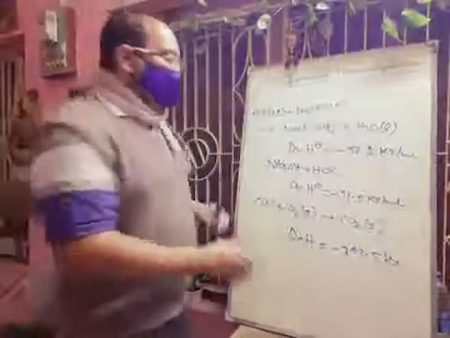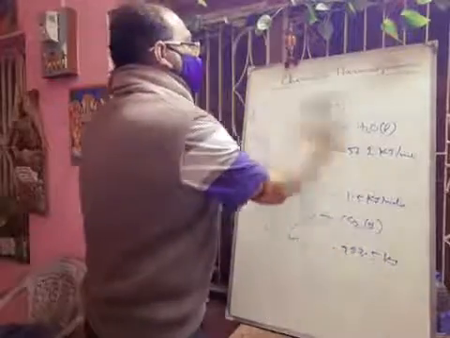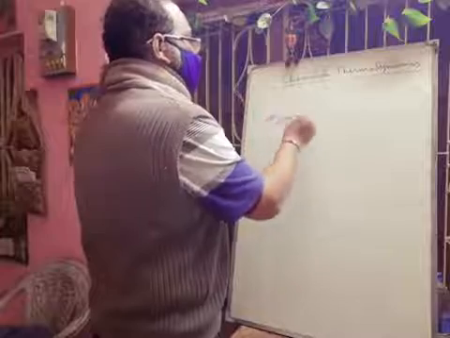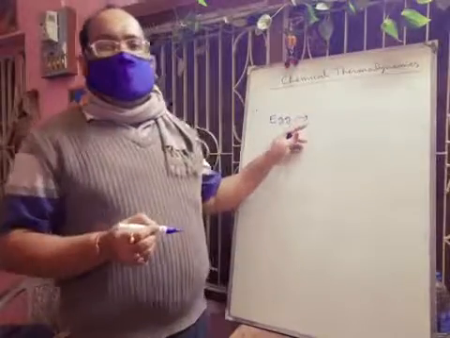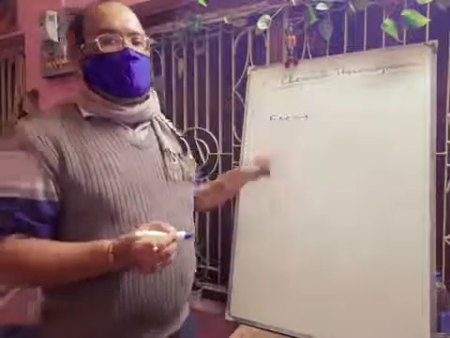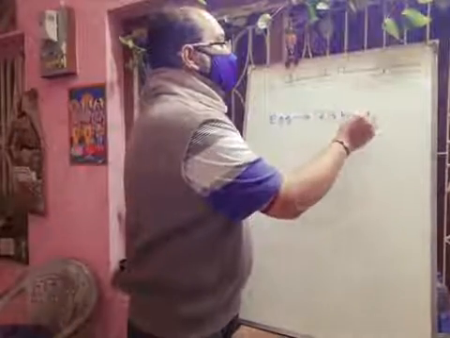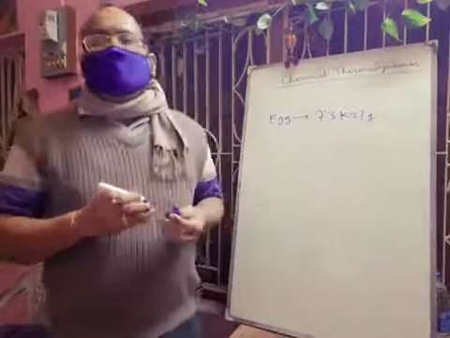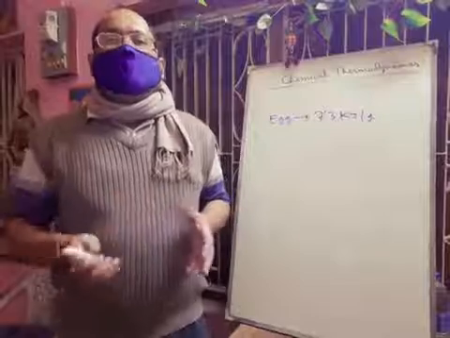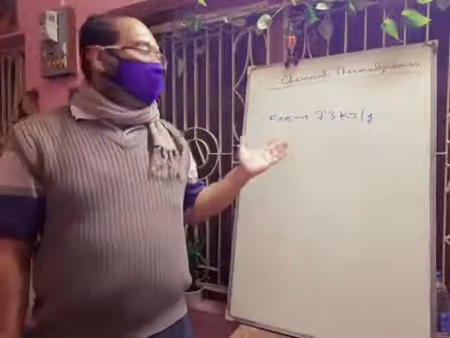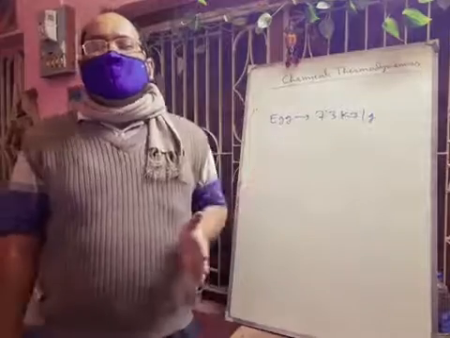Suppose we think about egg. If we burn 1 gram of egg, the amount of energy produced is 7.3 kilojoule per gram. The calorific value of butter is very high, 30.4 kilojoule per gram.